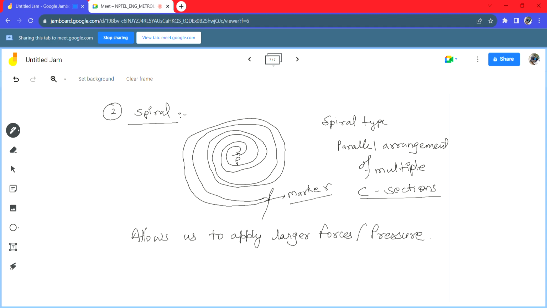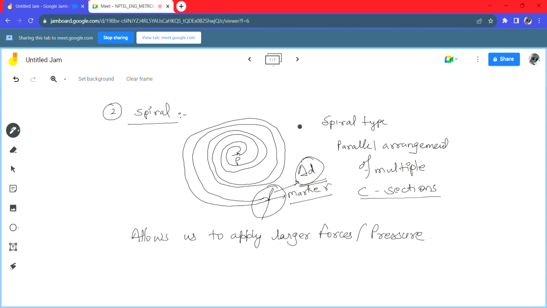Because of the number of turns that are being involved in this spiral, we have a capacity to apply more pressure, and with the larger amount of pressure, the opening and closing of this spiral happens. And that opening and closing is read here with the marker. So this again creates a deflection delta B.